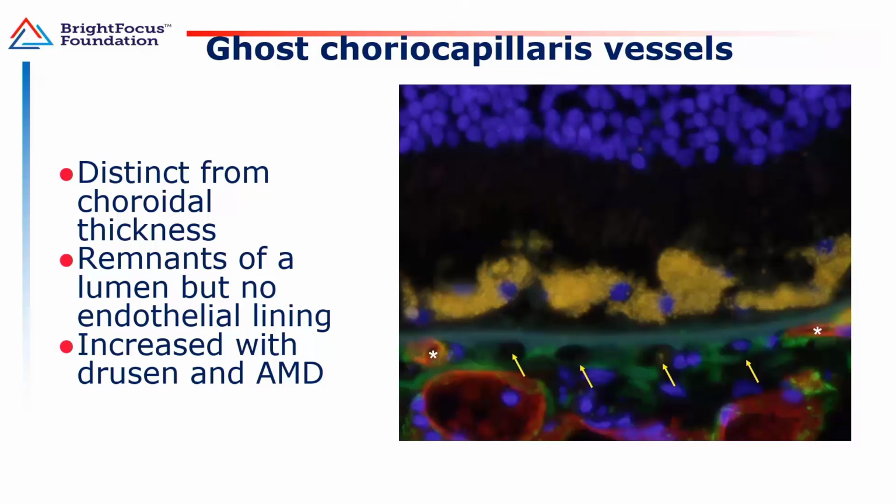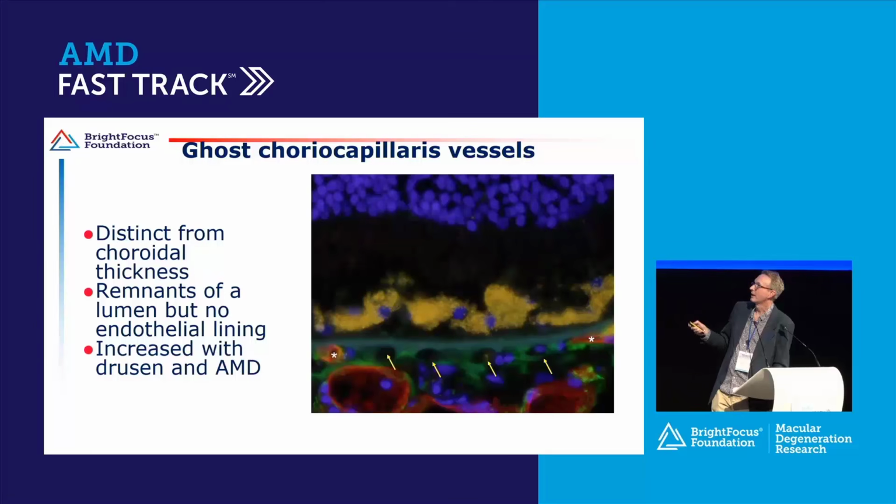So the red vessels are living vessels. There's exactly 2 choriocapillaris vessels that are alive in this section. And these dark vessels where there's a lumen but no endothelial lining have been referred to as ghost vessels. So it's a remnant of where a blood vessel used to be, like a shed snakeskin or something, but there's not a living endothelial cell in it.